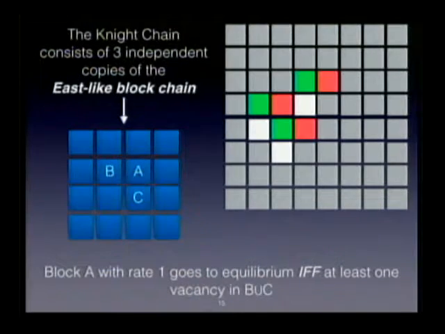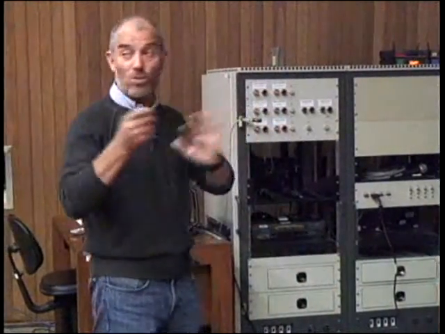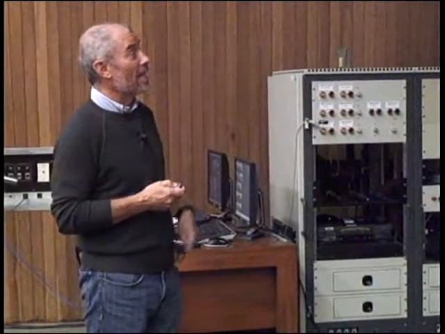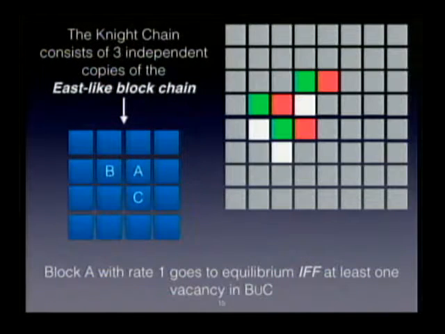For example, there are the red ones, the green ones, and the white ones. A red block will always check the state of red blocks, the green will check the green, and the white the white. So they don't talk to each other. And each one is actually isomorphic to a chain in which there is a block A, which checks whether in B or C there is a 0, and then is refreshed with equilibrium.